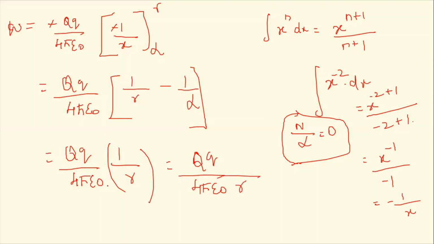Now you need to calculate the work done per unit charge. So work divided by the charge will be equal to the electric potential at that point. We know that V is equal to W by q. We have calculated the W, divided by the test charge, unit positive charge.